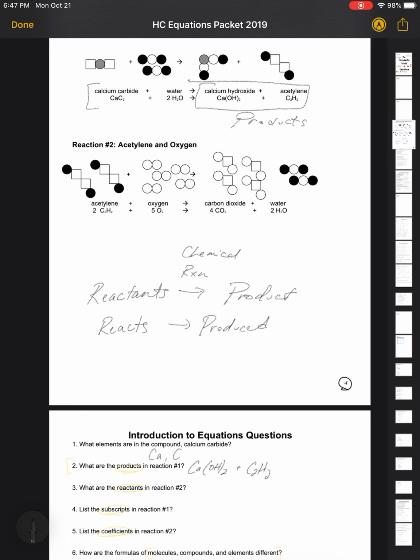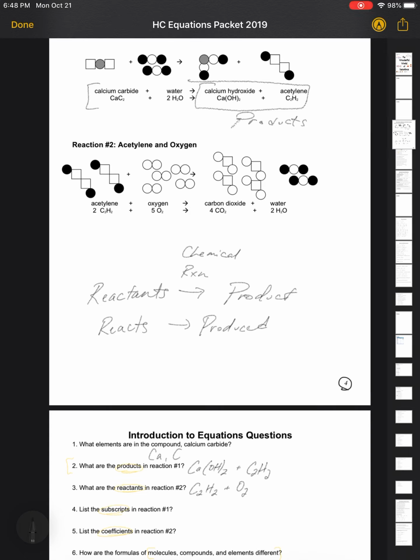Well, we look at reaction 2 as acetylene and oxygen, and if that's what's reacting, if that's what's on the left side of the arrow, that's what we can go ahead and write in for our answer. So we have our acetylene reacting with oxygen, therefore those are the reactants.